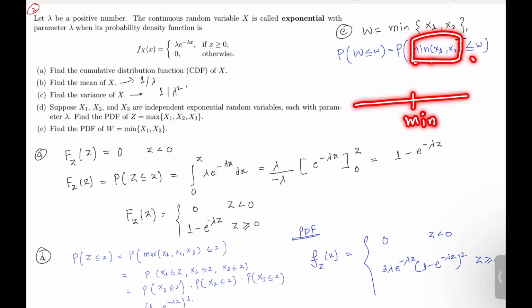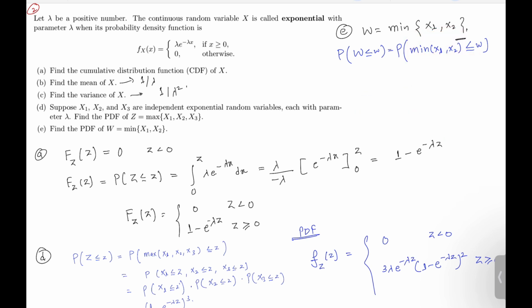So if the minimum we are getting is less than w, then w will be somewhere around here. The other value, apart from this minimum, will be greater than the minimum, so it may be here or here or here, and might be greater than w.